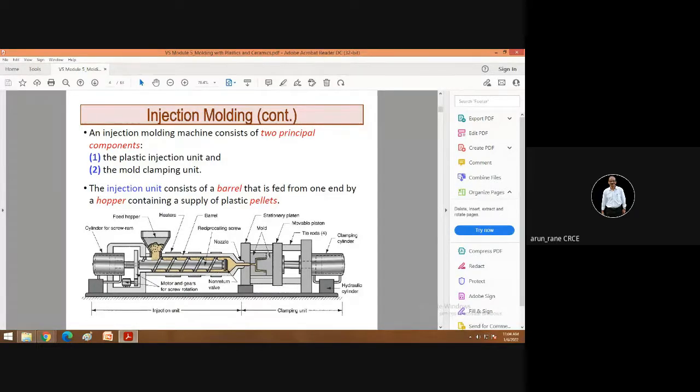Because the injection pressure is very high. Under this injection pressure, the halves can move away, and this hot molten material can splash and cause accidents. So that locking has to be perfect.